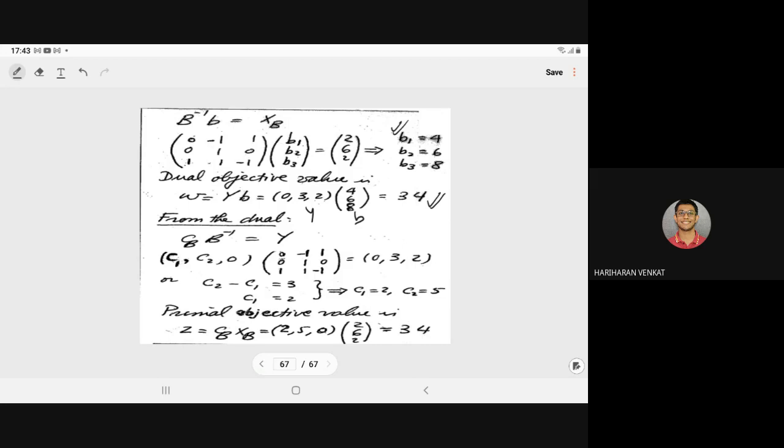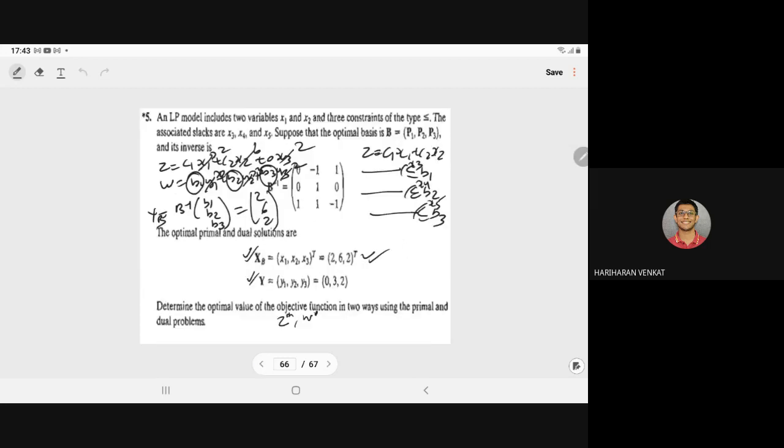Now we have to compute cB into xB. So what is cB? What is this y? Can you recall the previous day's question? From where do we get y?